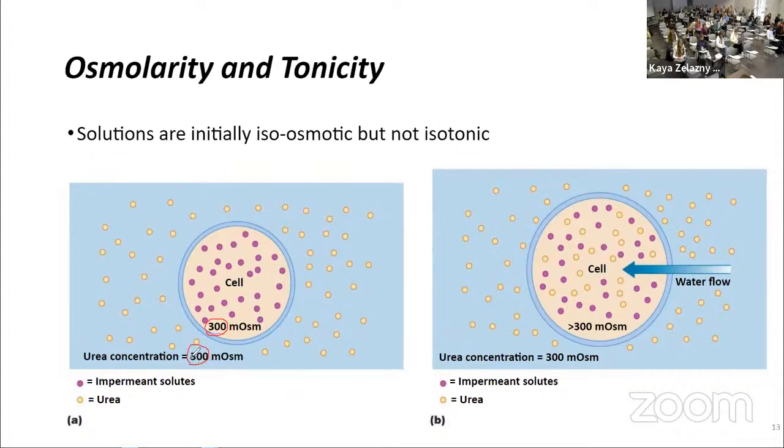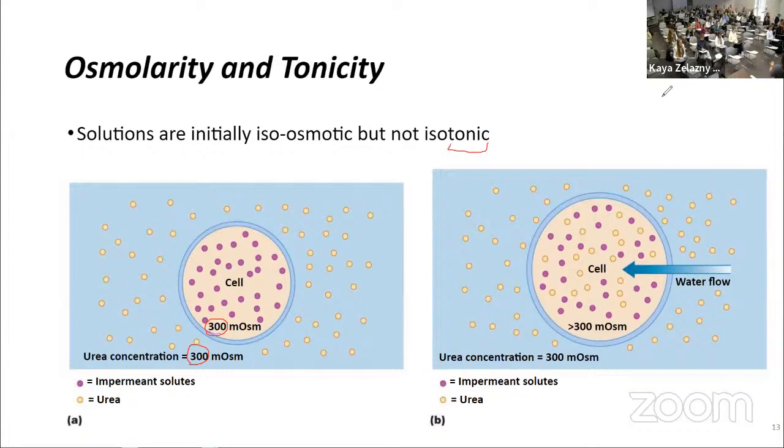So we have 300 milliosmoles inside and outside the cell based on all those solutes dissolved in. So isoosmotic, same as iso, but they're not isotonic because tonicity has to do with, are we thinking about things that can cross that membrane or not?